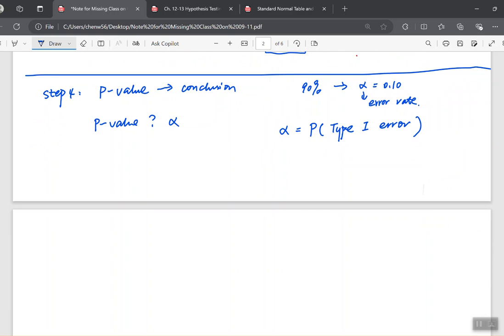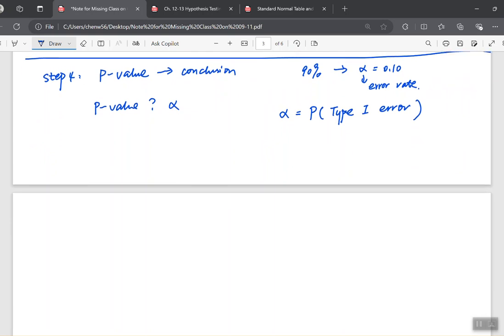All right, so let's think about what a type 1 error is. Actually, we have 2 types of errors in this process: type 1 error and type 2 error. What is type 1 error? We define the type 1 error as when the null hypothesis is true, but in the end we reject it.